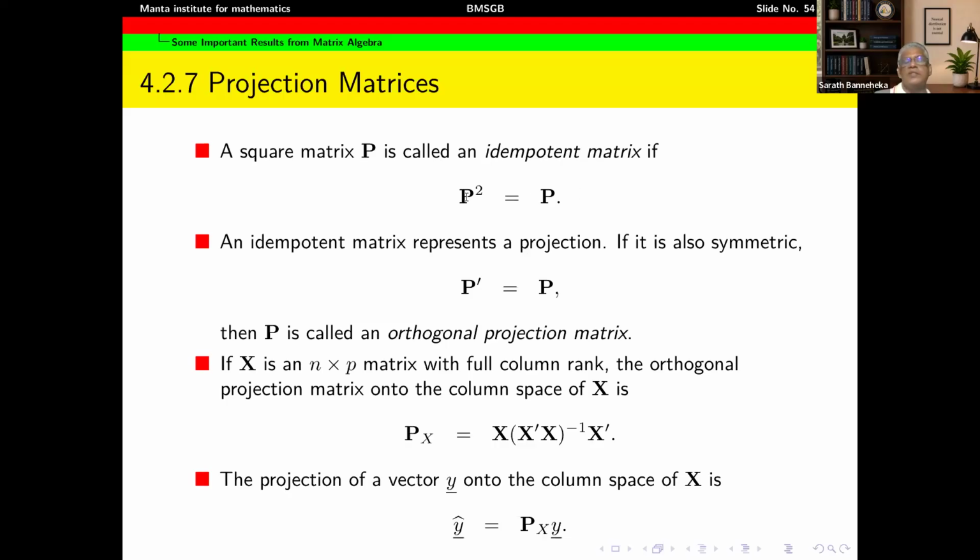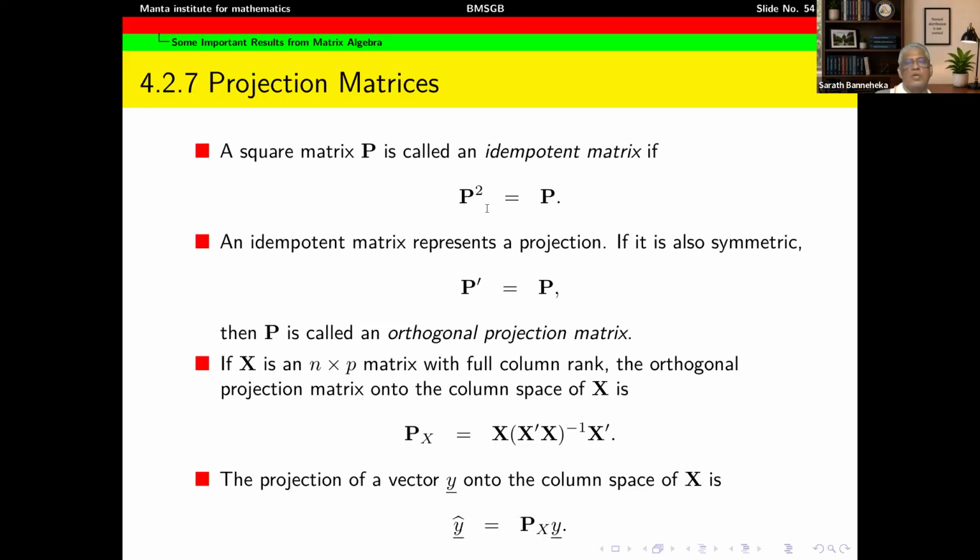So that's what is called idempotent matrix. An idempotent matrix represents a projection. If it is also symmetric, that means if P dash is equal to P, then P is called an orthogonal projection matrix. Right? Orthogonal projection matrix is a symmetric one.